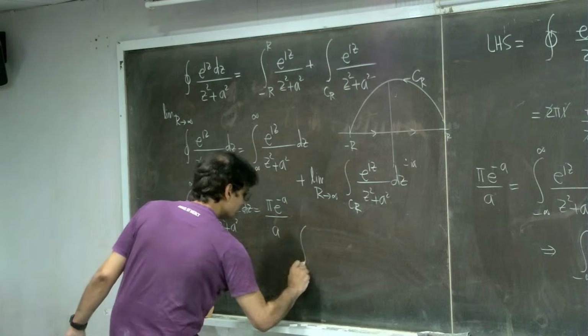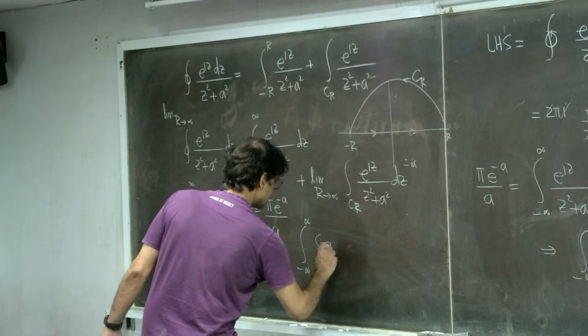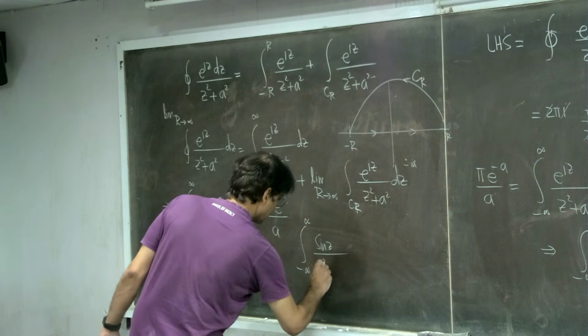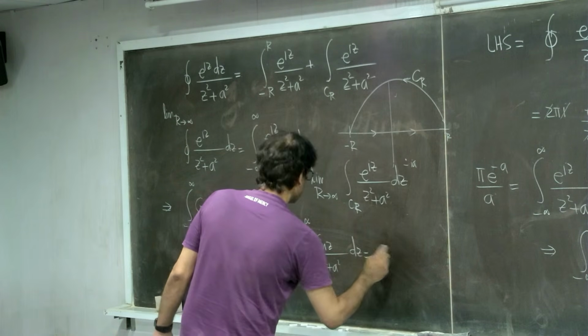And integral of sine z over z squared plus a squared dz is equal to 0.